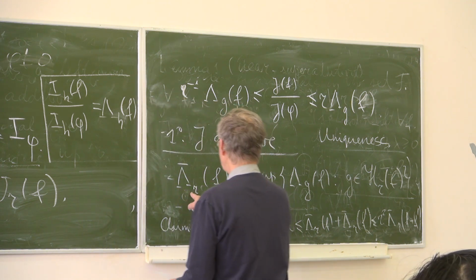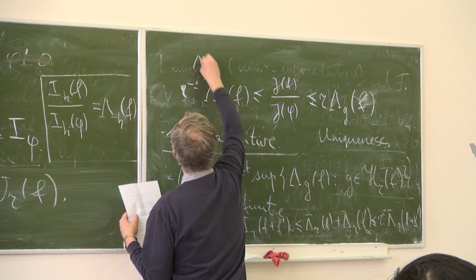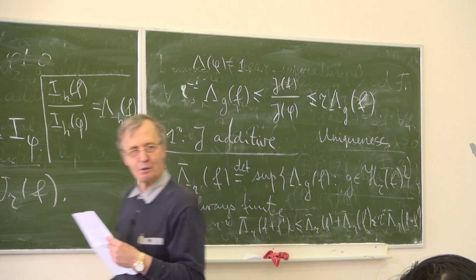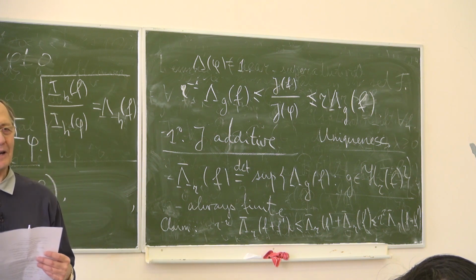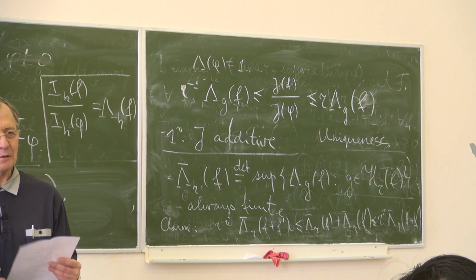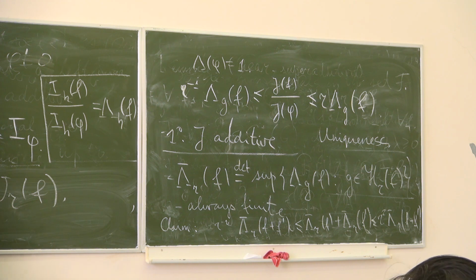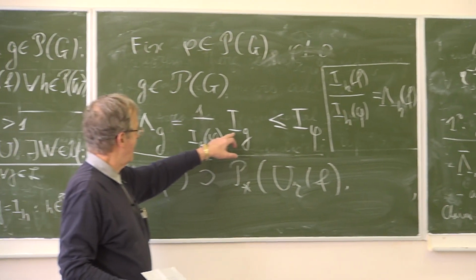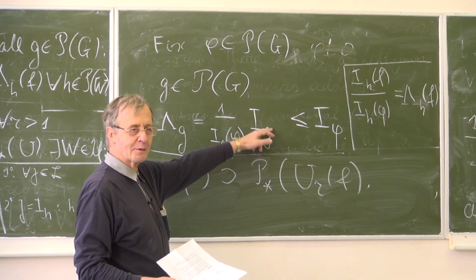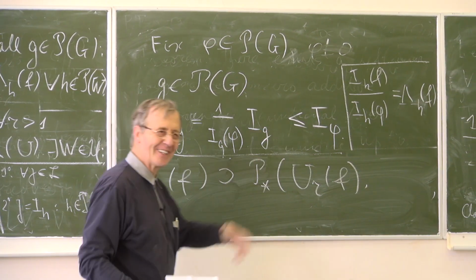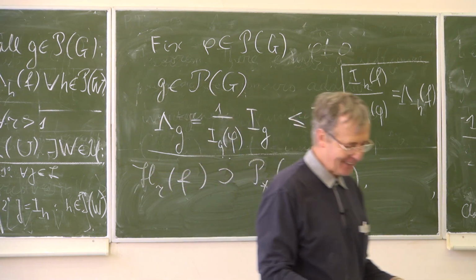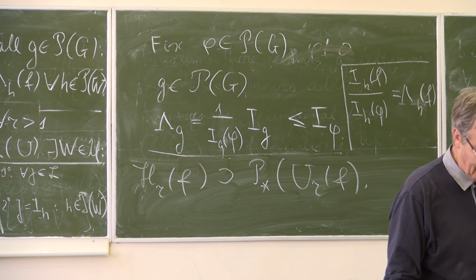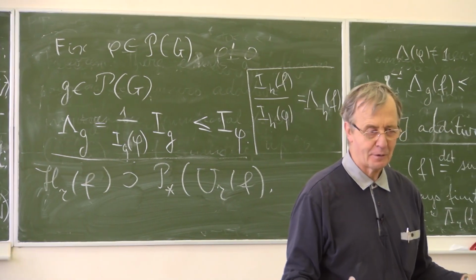Even if we take this limit lambda, we see that lambda of phi is equal to 1. This normalizing function phi is simply equal to 1, because I phi of phi is equal to 1. So it is non-zero on phi, and then it is non-zero on every non-zero function.